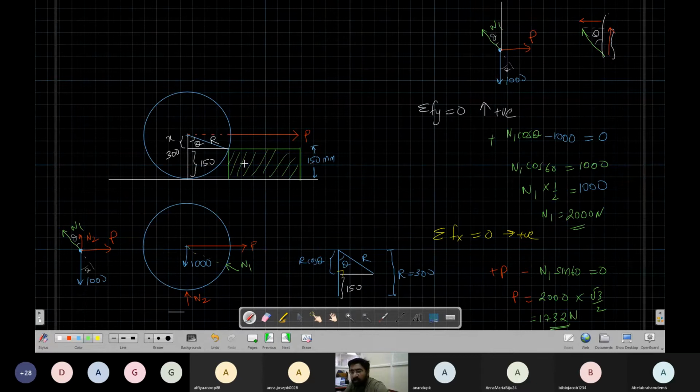At this force of 1732, it will just lose contact. Contact is lost, that is this condition.